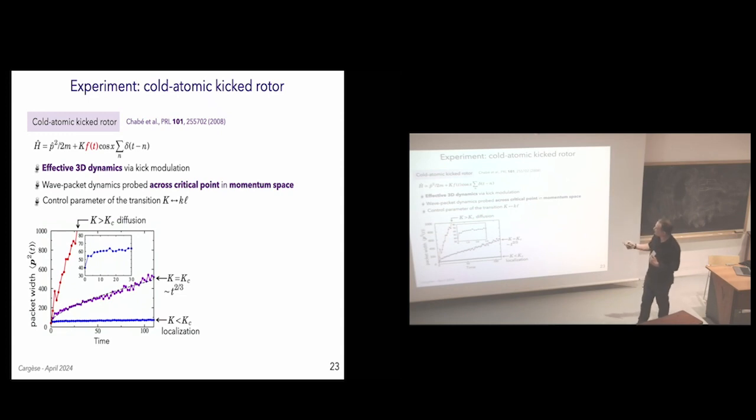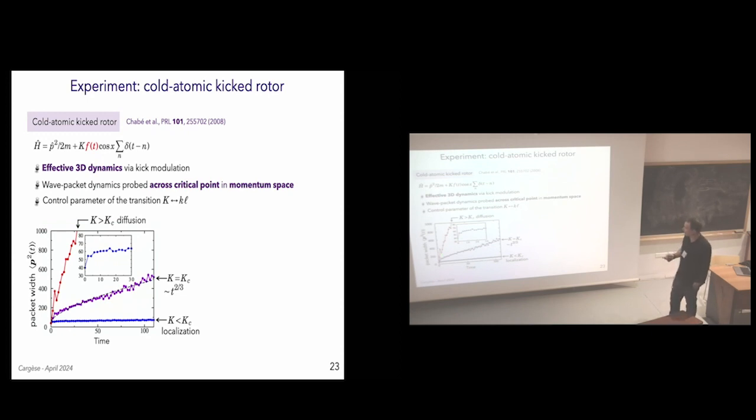And they probed here the dynamics of a cold atomic gas across the critical point in momentum space, because localization is in momentum space. So the control parameter here was the strength of the kick, which roughly corresponds to KL. And here you see experimental measurements of the wave packet width, and they clearly observed the 3 dynamical regimes I mentioned before.